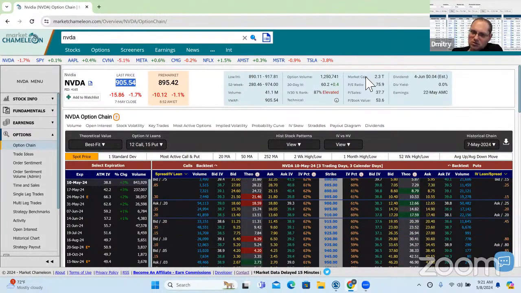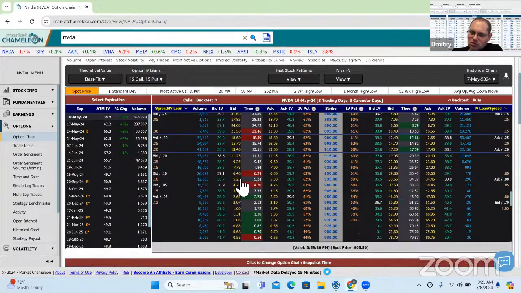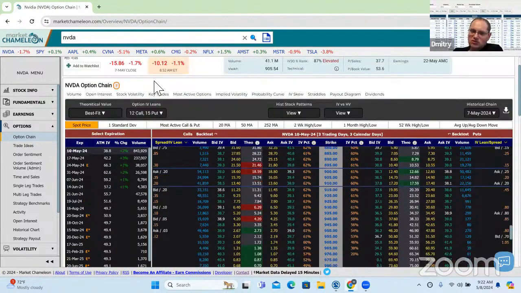Well, you have a model that says that for each of these options, this is the implied volatility bid. This is where I want to buy the options at this implied volatility. This is the implied volatility I want to sell this option, right? And it's pegged to the stock price.